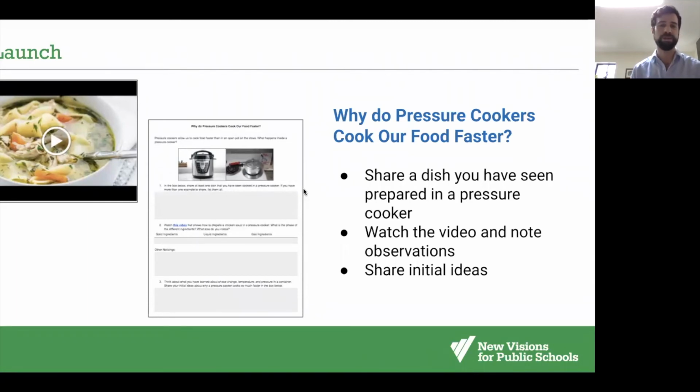Then they watch a video showing how easy and fast it is to prepare, in this case, a really delicious chicken noodle soup. And then they share some of their initial ideas about why this is happening. Why were they able to cook this in about 10 minutes, or it might be 13 minutes, but a relatively fast time?